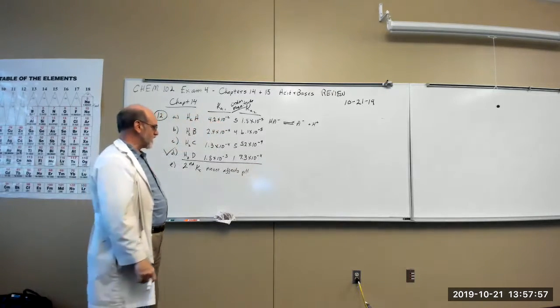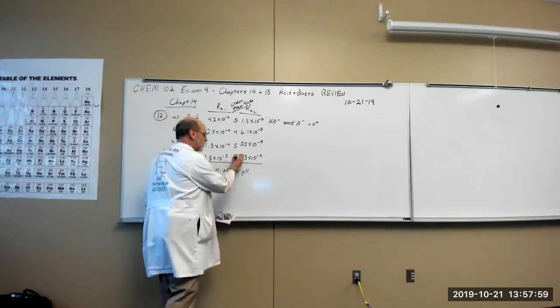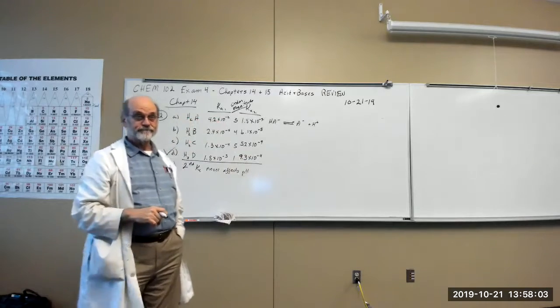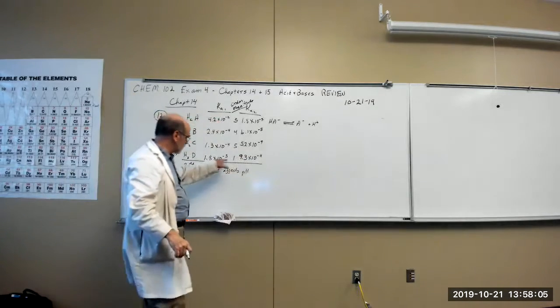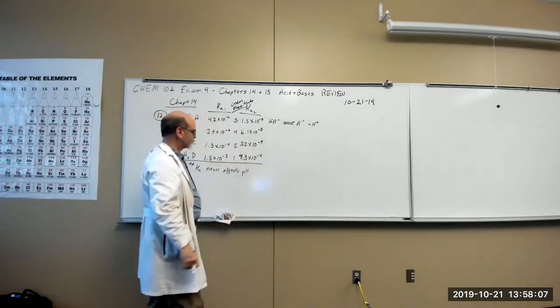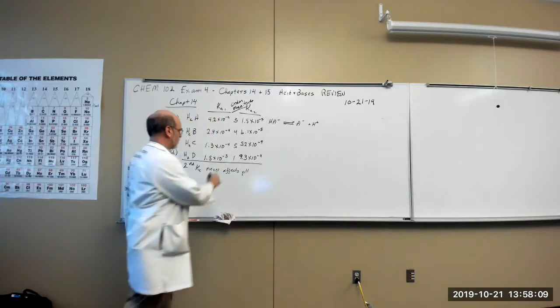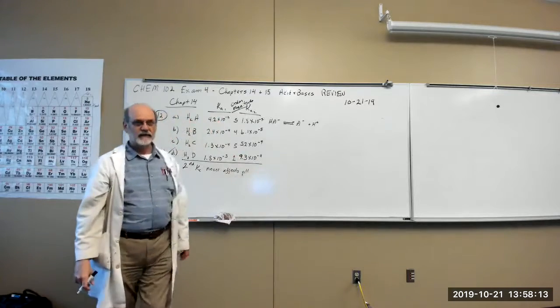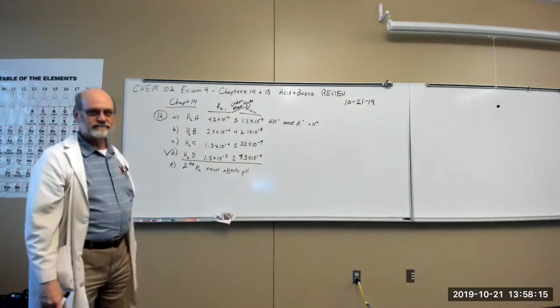It will affect the pH. It won't affect it a lot, but it will be measurable. So it's the difference between the two that tells you whether the second one is going to influence. Okay?